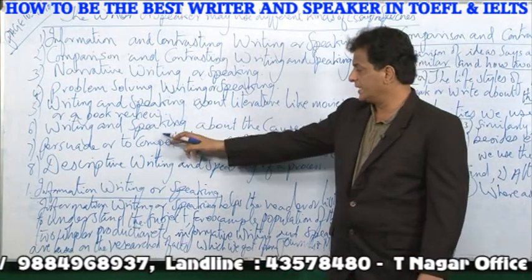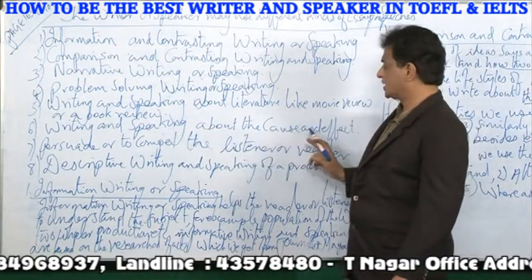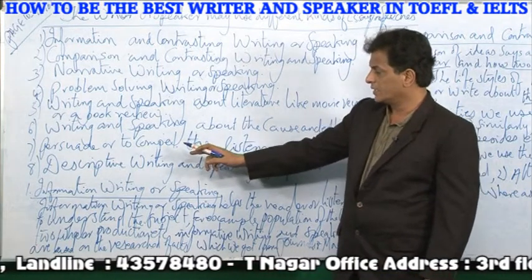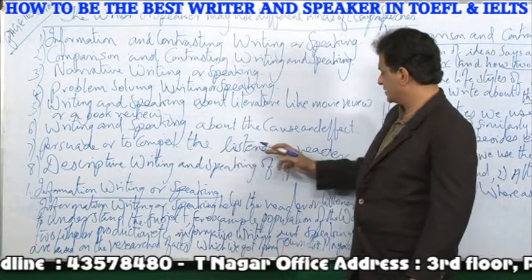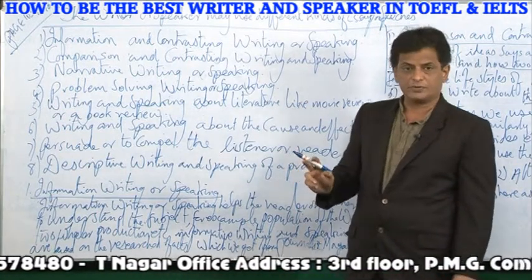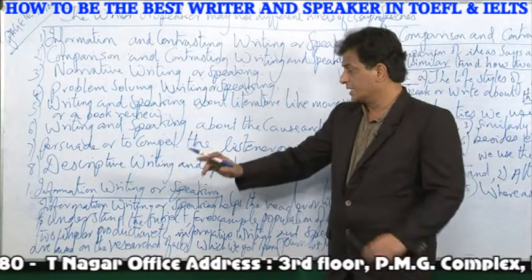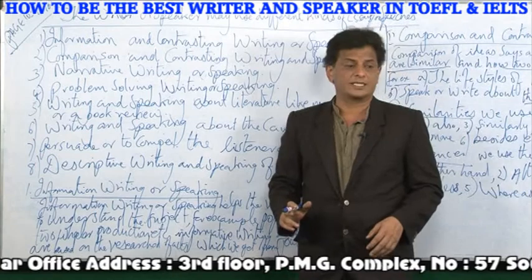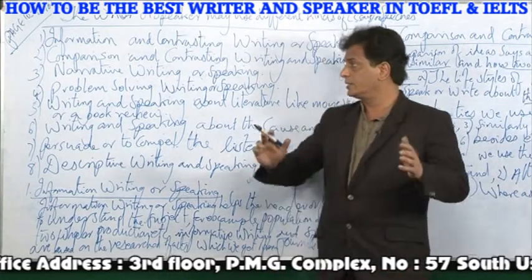Sixth is writing and speaking about cause and effect. Number 7, persuasive writing, that type of speech or writing that persuades or compels the listener or reader. The 8th one is descriptive writing and speaking of a process. You are describing something and the process.